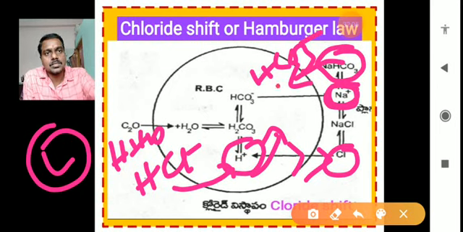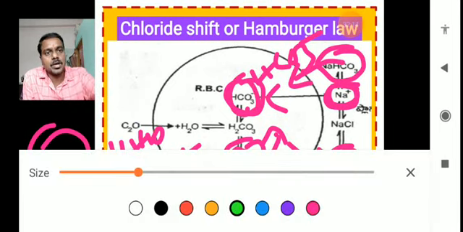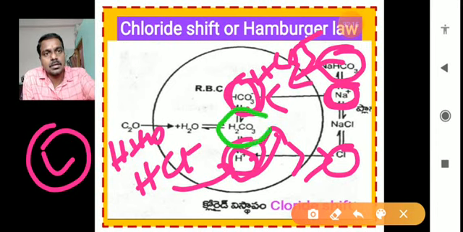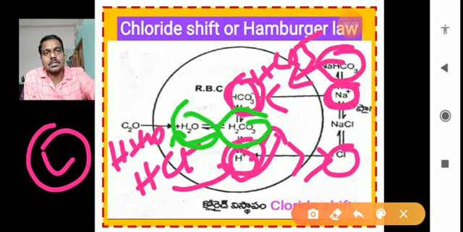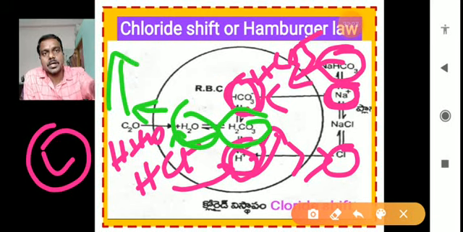This HCO3 minus enters the RBC and binds the H plus ions, finally forming H2CO3. This H2CO3 again releases H2O, and when the H2O is released, the carbon dioxide is also released into the lungs, and from the lungs to the outside environment.